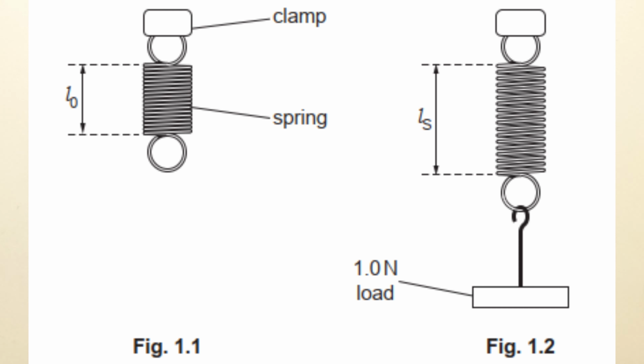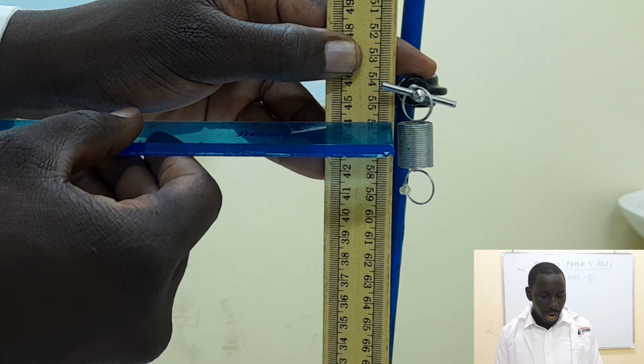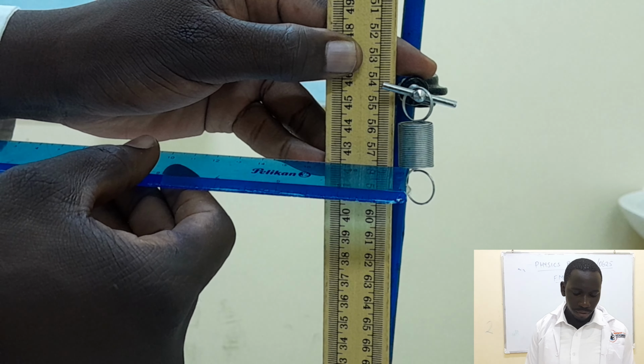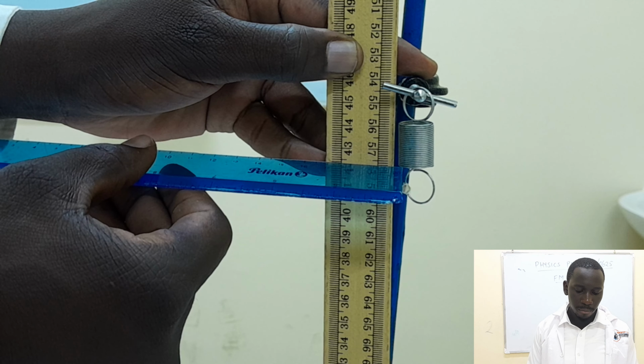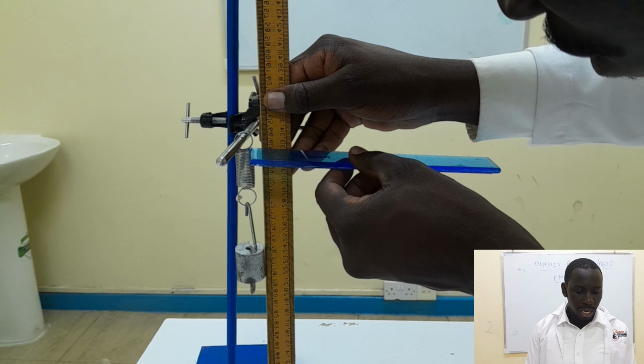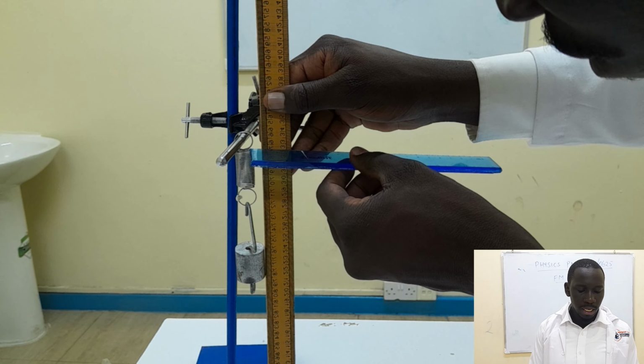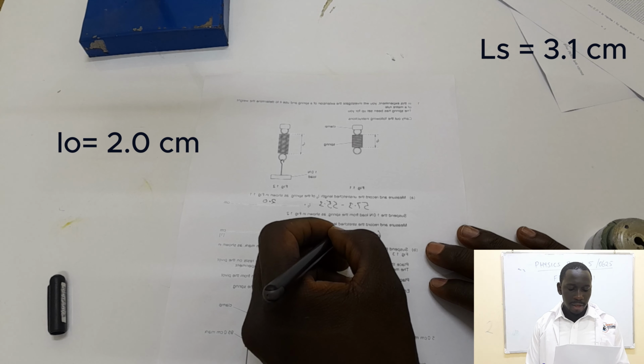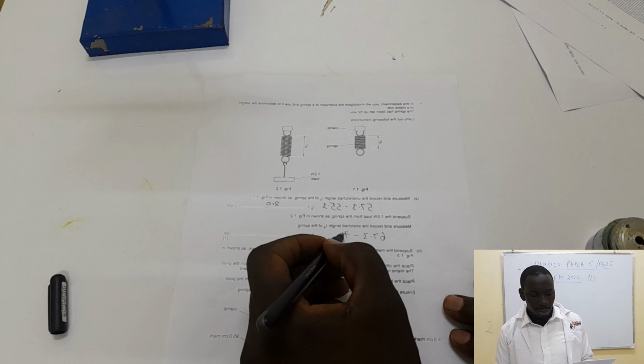So we are being told to set up figure 1.1, and then part A, measure and record the unstretched length L0 of the spring, as shown in figure 1.1. Suspend the 1.10 Newton load from the spring, as shown in figure 1.2. Measure and record the stretched length LS of the spring.